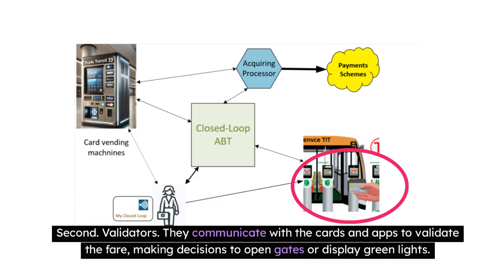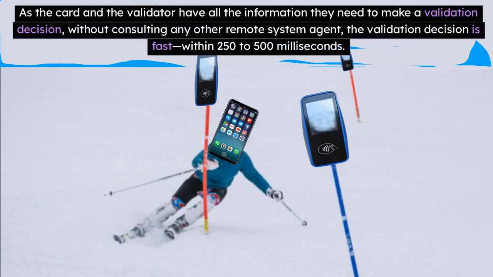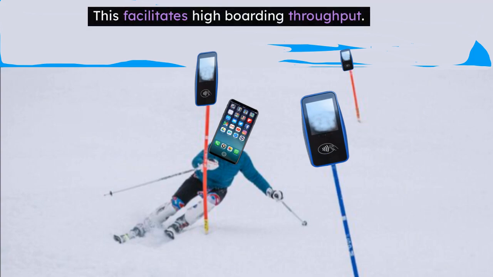They communicate with the cards and apps to validate the fare, making decisions to open gates or display green lights. As the card and the validator have all the information they need to make a validation decision, without consulting any other remote system agent, the validation decision is fast, within 250 to 500 milliseconds. This facilitates high boarding throughput.